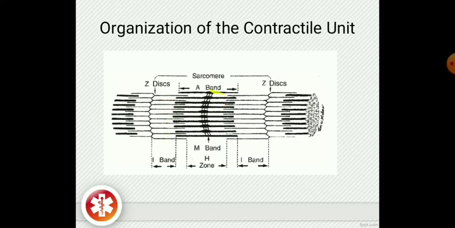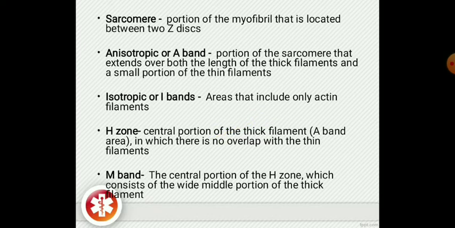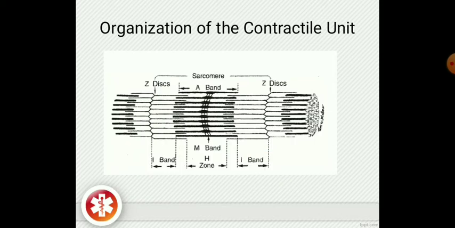Then we have the isotropic or I band, which is the area that includes only actin filament. This is the part that consists only of actin filament, and this is what is called the I band.